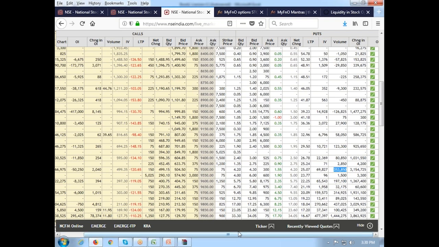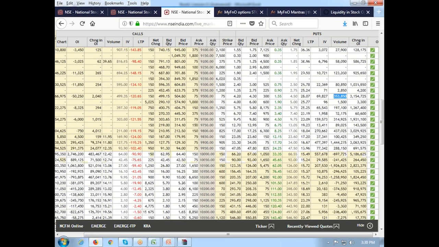In fact, there is a pattern of liquidity if you see the Nifty strike prices. Every strike price which is into 50, 9550, 9650, 9750, 9850, is less liquid than the previous one. You understand the reason why?